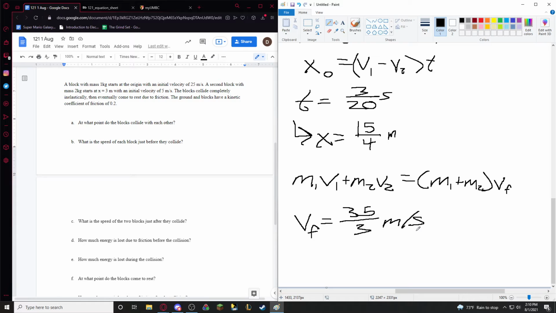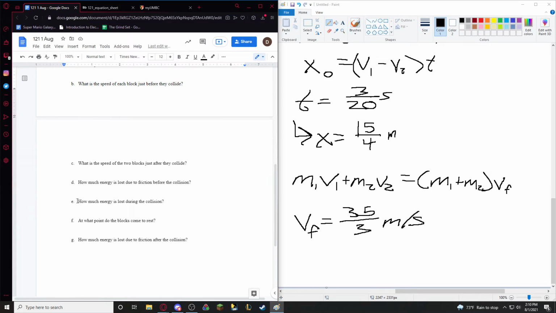So how much energy is going to be lost during the collision? Well, you just calculate kinetic energy beforehand and compare it to kinetic energy after. Let me just do that real quick. What's the initial kinetic energy? Initial kinetic energy would just be mv squared.